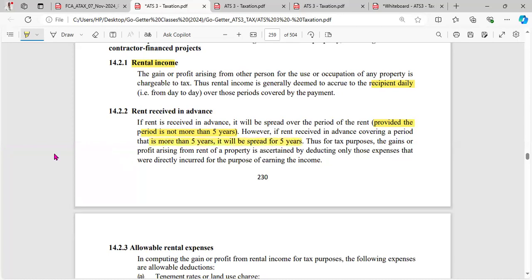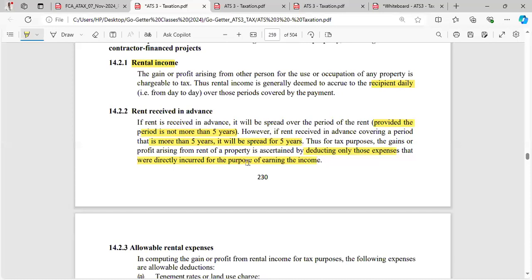So if you receive it for 6 years, you will be spreading it over 5 years. For tax purposes, the gain or profit arising from the rent of a property is ascertained by deducting only those expenses that were directly incurred for the purpose of earning income.